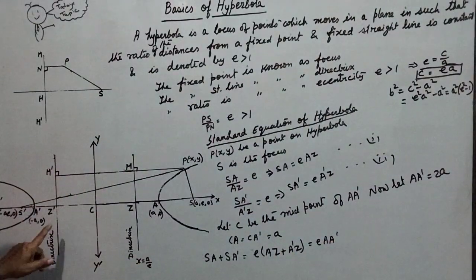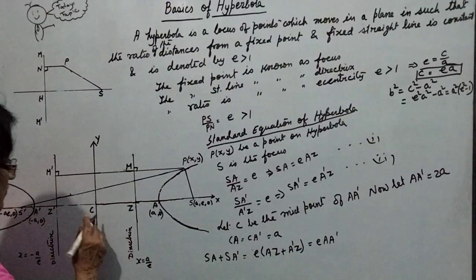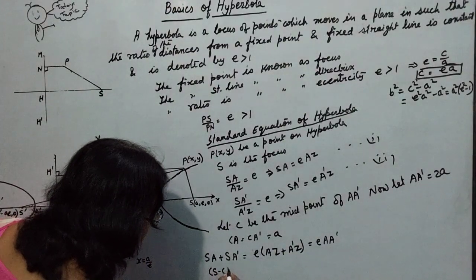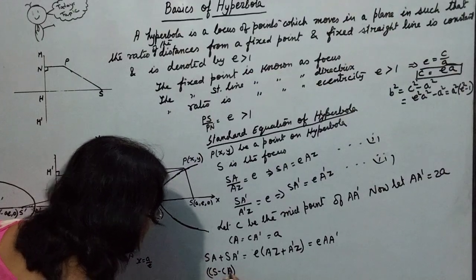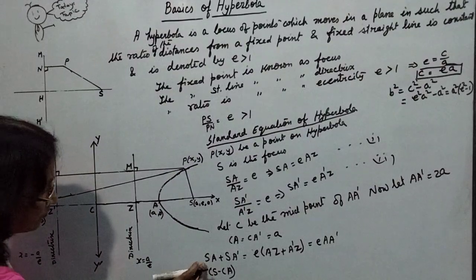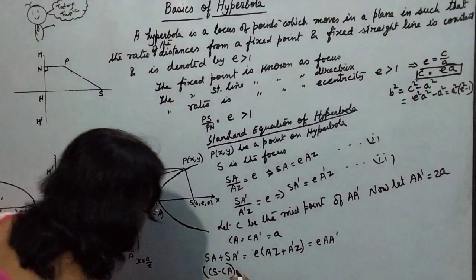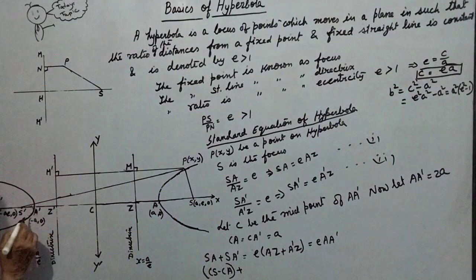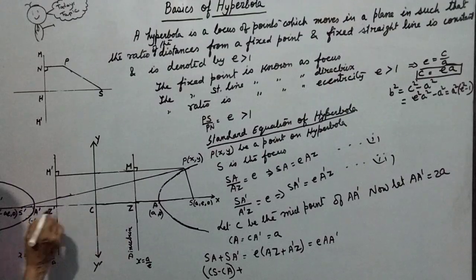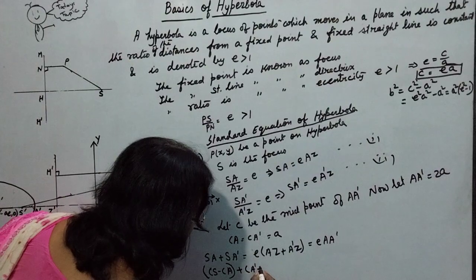And SA can be written as CS minus CA, and SA dash can be written as CA dash plus CA.